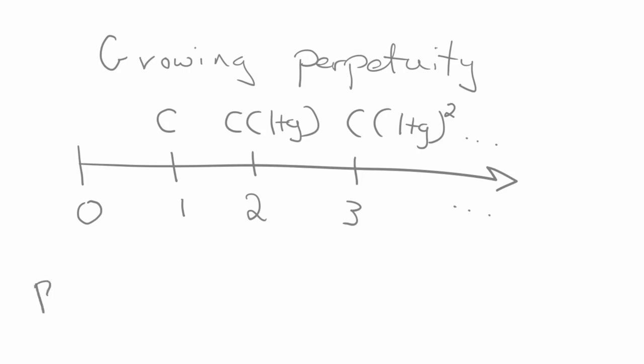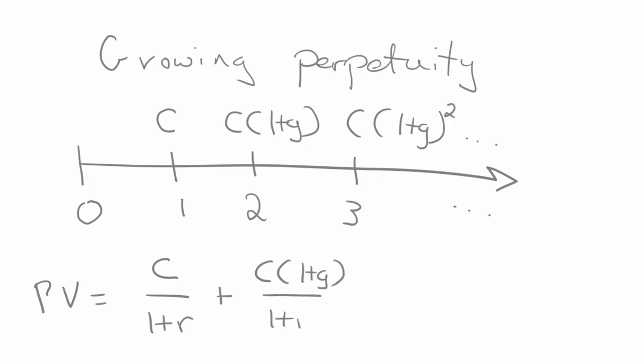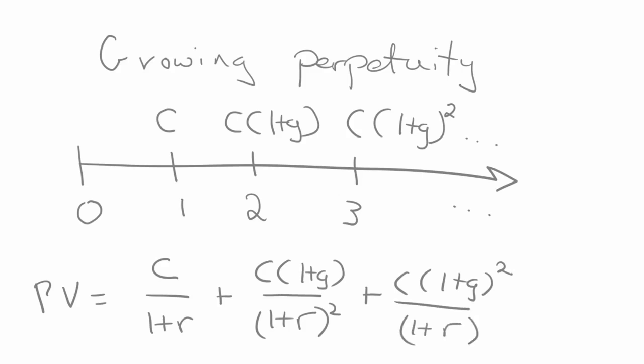So when we calculate the present value, we have our first payment, our second payment, which we discount back, our third payment, which we discount back, and on and on.